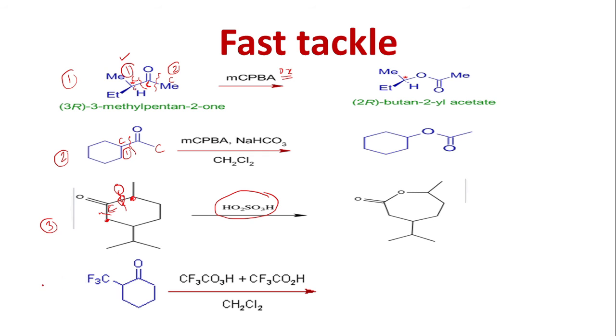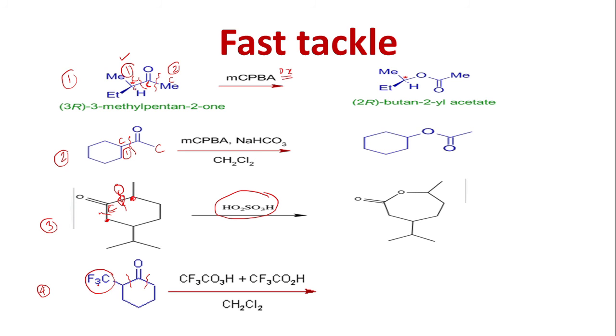Now this is the fourth one, and here also a peracid is given. Now we'll have to break from here or from here. If we break from here, यहाँ पे highly substituted carbon है और यहाँ पे electron withdrawing group है.